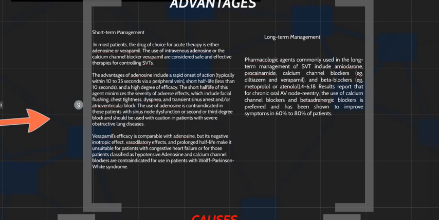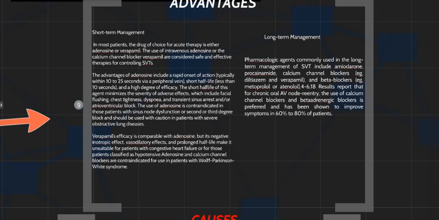Verapamil's efficacy is comparable with adenosine, but its negative inotropic effects, vasodilatory effects, and prolonged half-life make it unsuitable for patients with congestive heart failure or for those patients classified as hypotensive. Adenosine and calcium channel blockers are contraindicated for use in patients with Wolff-Parkinson-White syndrome.